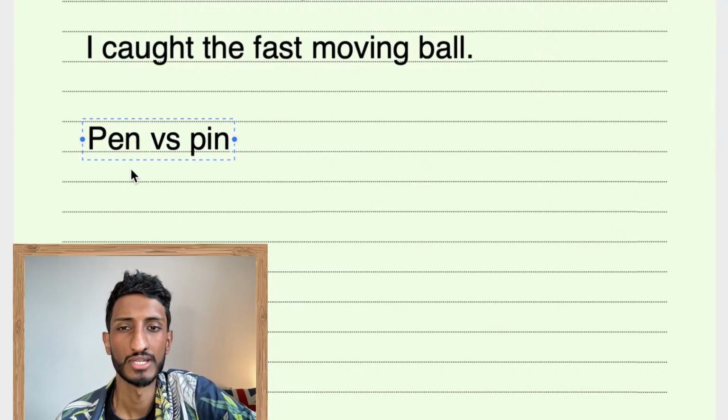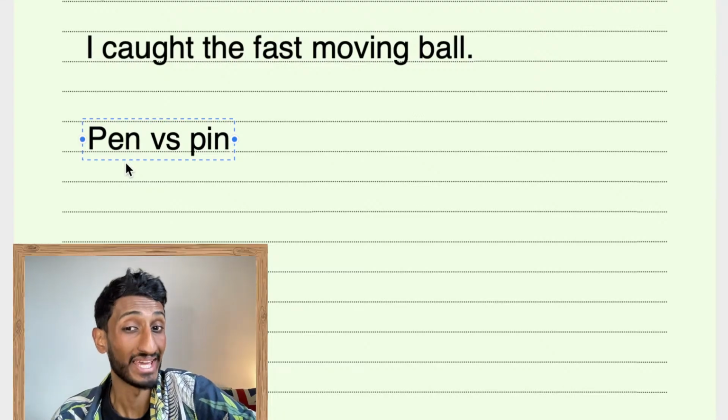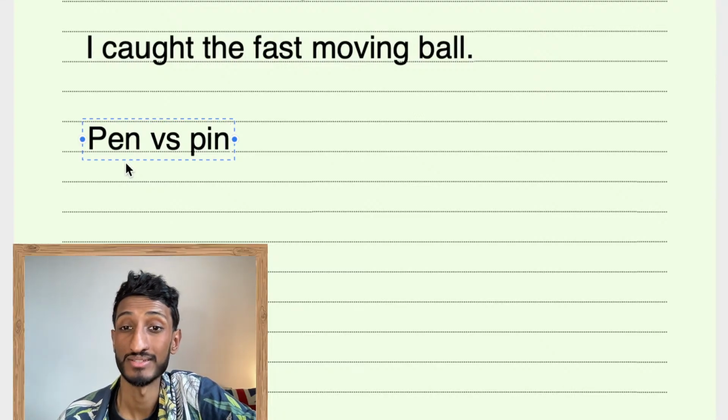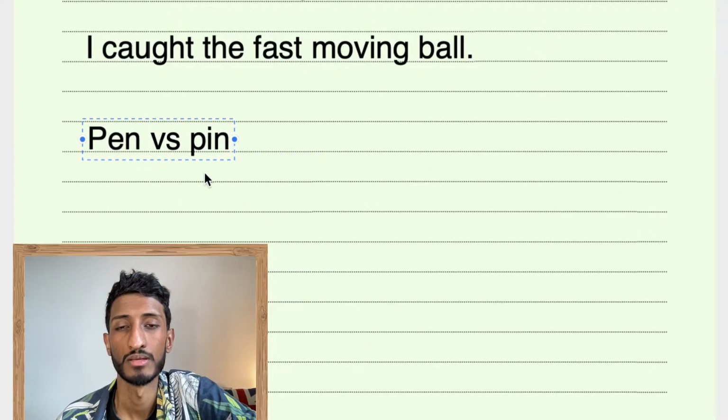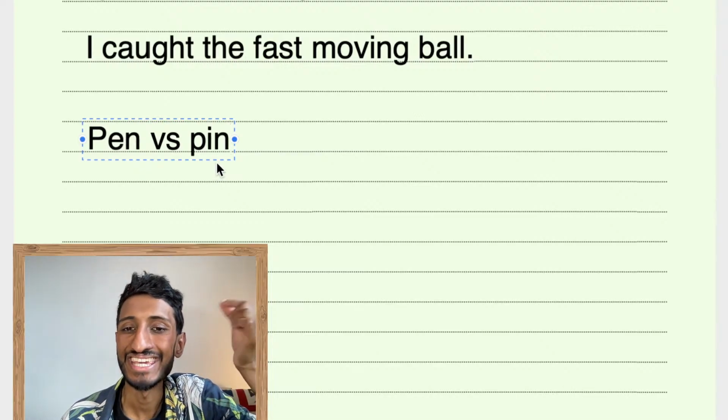So if I was looking at the word pen, it's an eh sound. Eh. Pen. And so we want to elongate the sound. Pen. I got my pen and I wrote down the sentence. I put the pin in my hair.